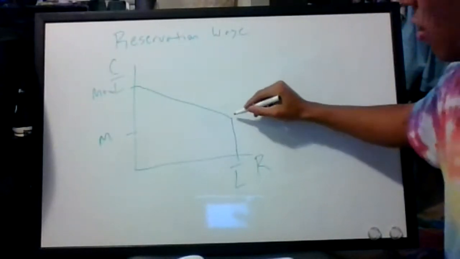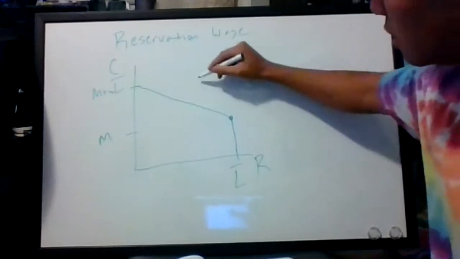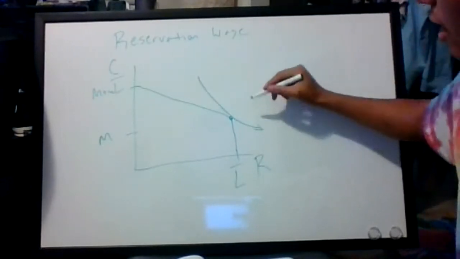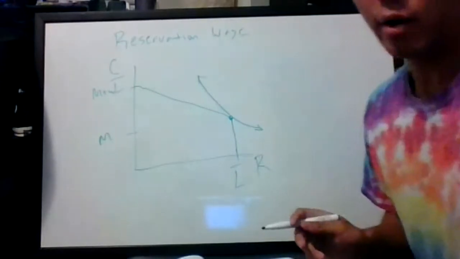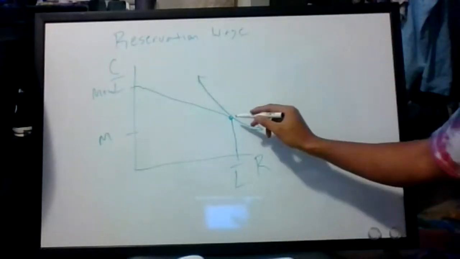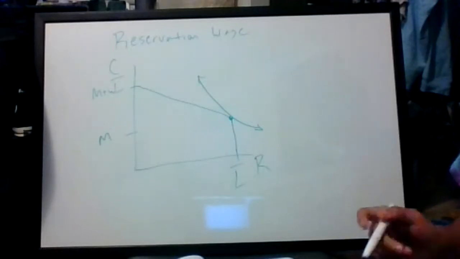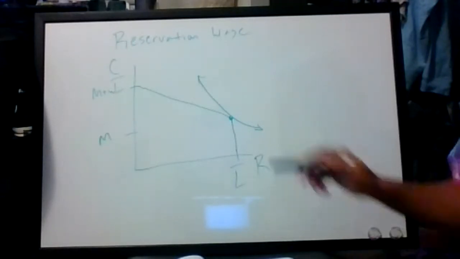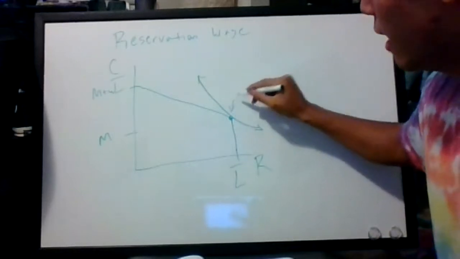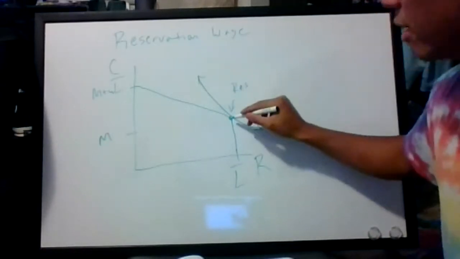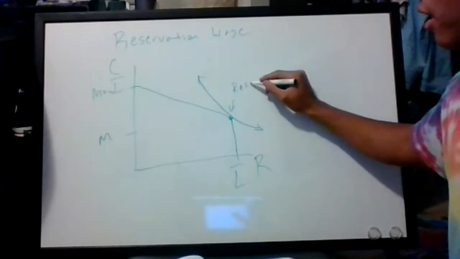And we're going to say that the reservation wage is going to be the MRS at this point right here. Now, I know that you guys are probably thinking that, well, it's a kink point, so you can't have a slope there. And that's true, but you kind of want to think about the reservation wage as being what the slope would be if there was a slope.